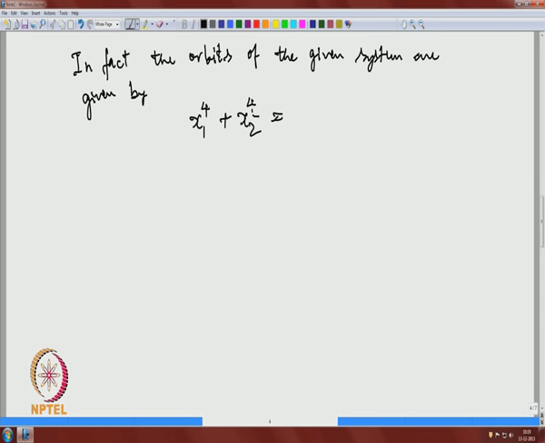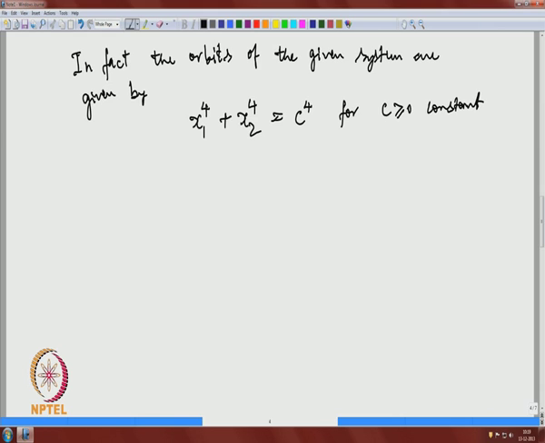Since these are both positive, that constant is also positive, so let me write that as C to the 4, for C greater than or equal to 0. Of course, when C is equal to 0, we get the equilibrium point (0, 0).